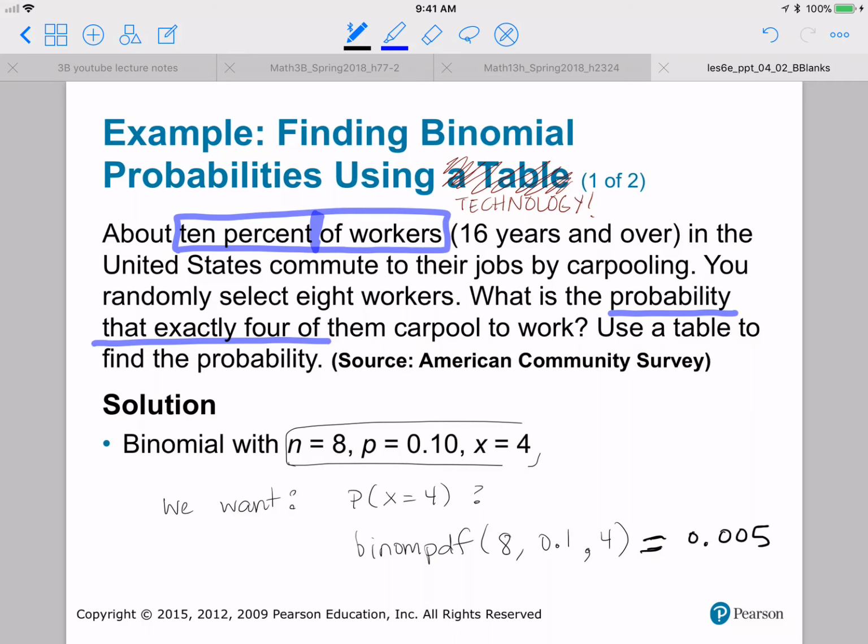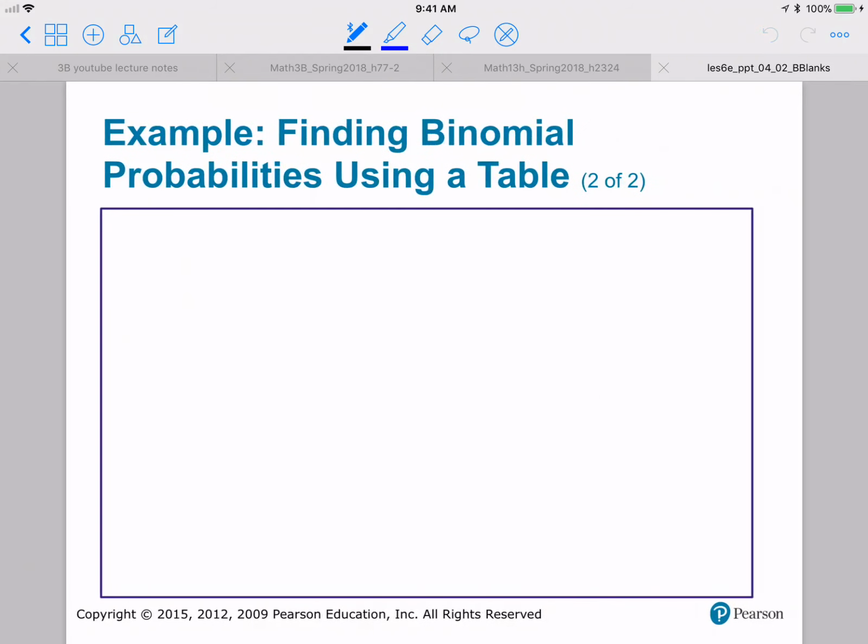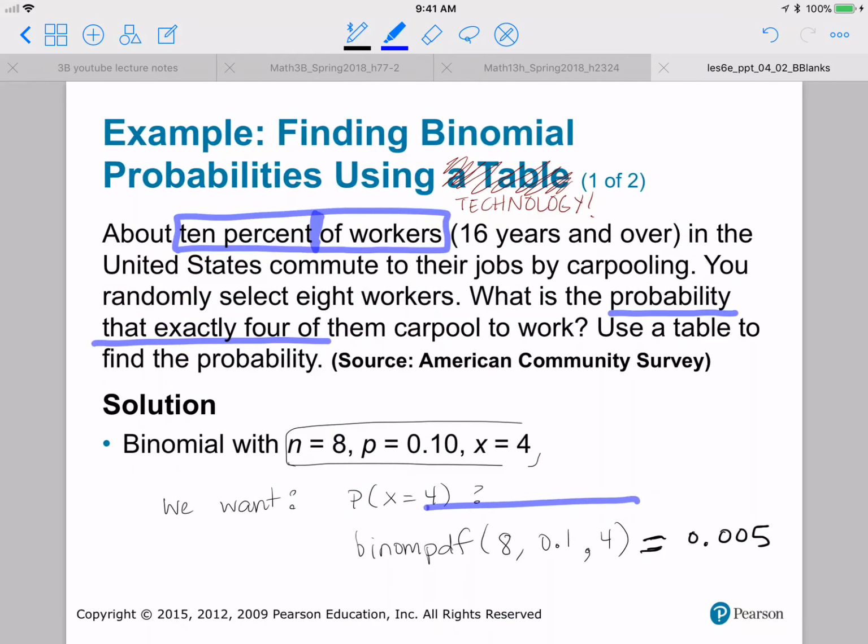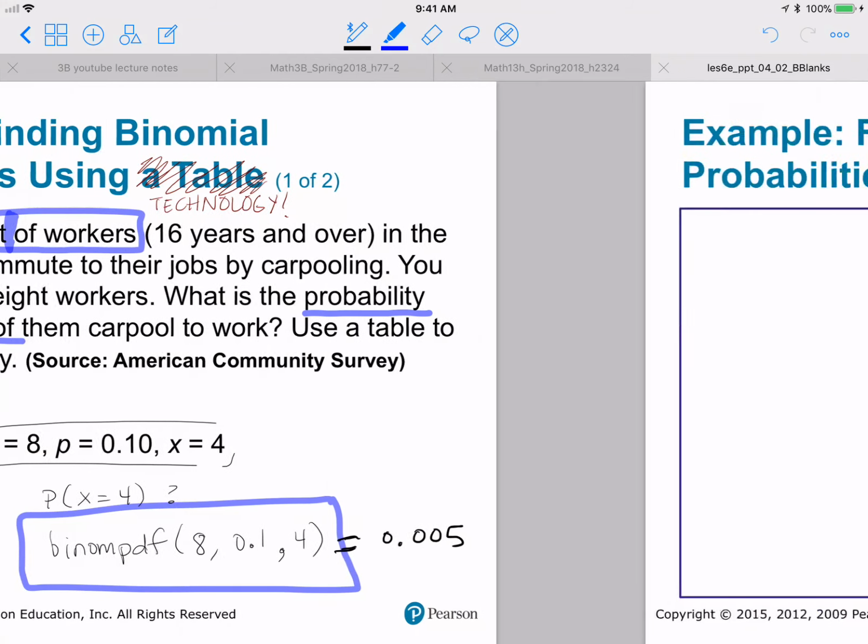Okay, so that's all we need, binomial PDF. We've got the syntax here: binomial PDF, N is 8, P is 0.1, X is equal to 4.